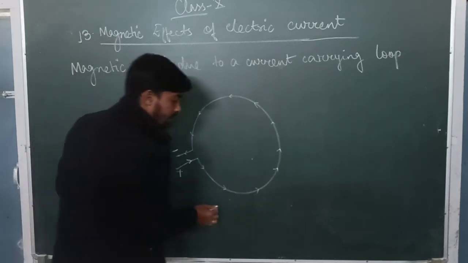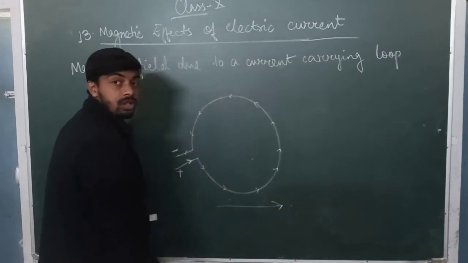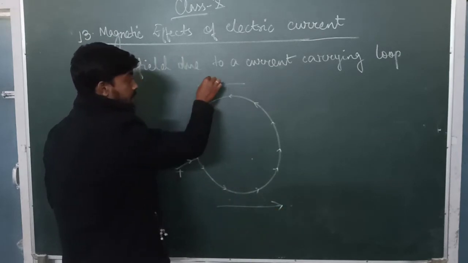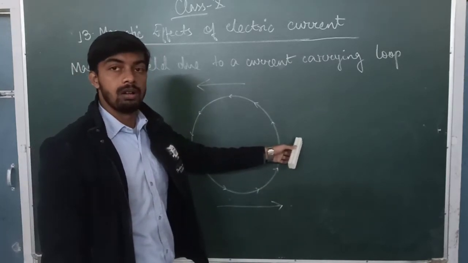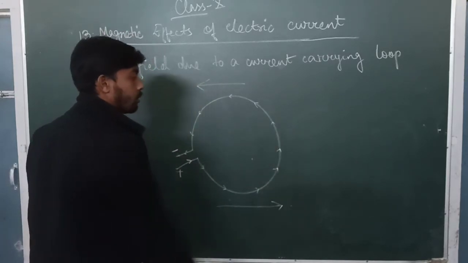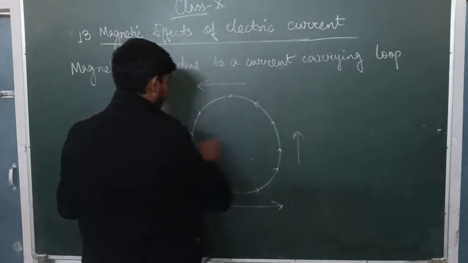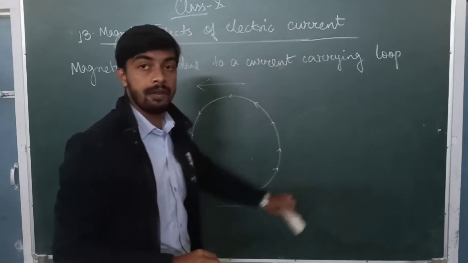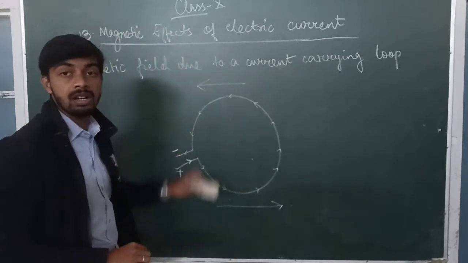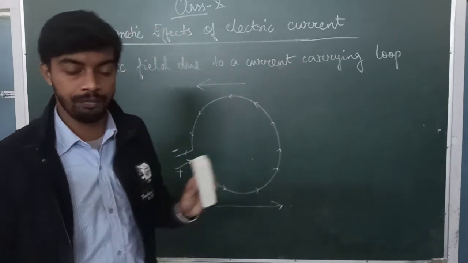In the upper part the current is flowing in this direction, and in the lower part in the opposite direction. The same goes for the right and left sides, but we don't consider the right and left sides here. We only need to see the upper and lower parts of the coil.